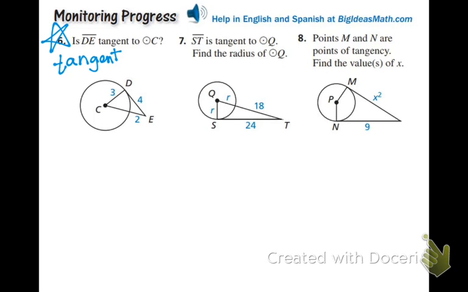What line was the second line? In order for a line to be tangent, the tangent and the radius have to form 90. I would write that down if you don't remember it.